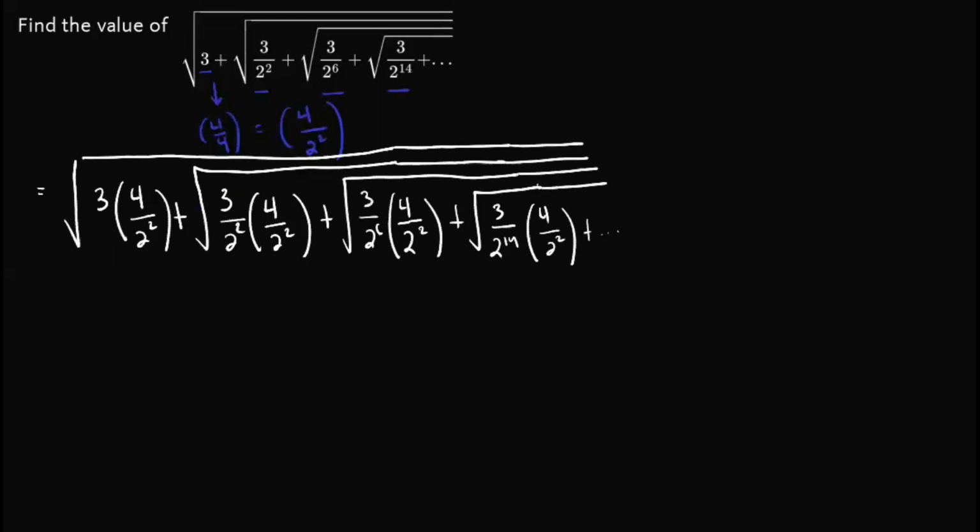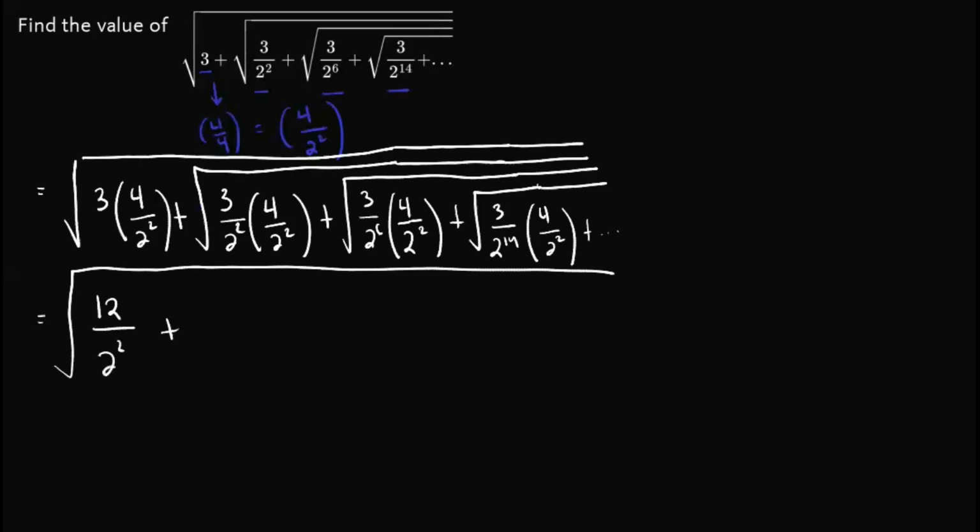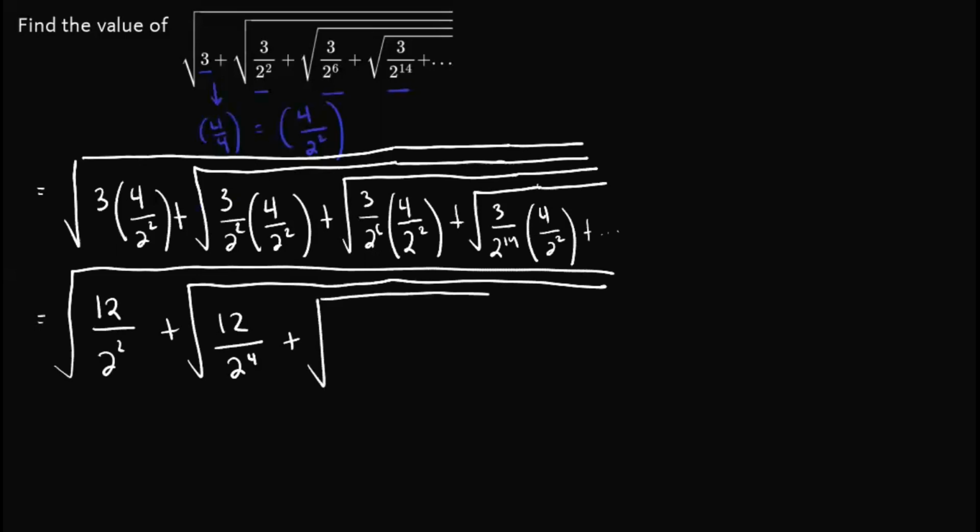So upon simplifying this, we will have here this one. First term will be 12/2 squared plus the square root of 12/2 raised to 4 plus the square root of 12/2 raised to 8 plus the square root of 12/2 raised to 16, and so on.